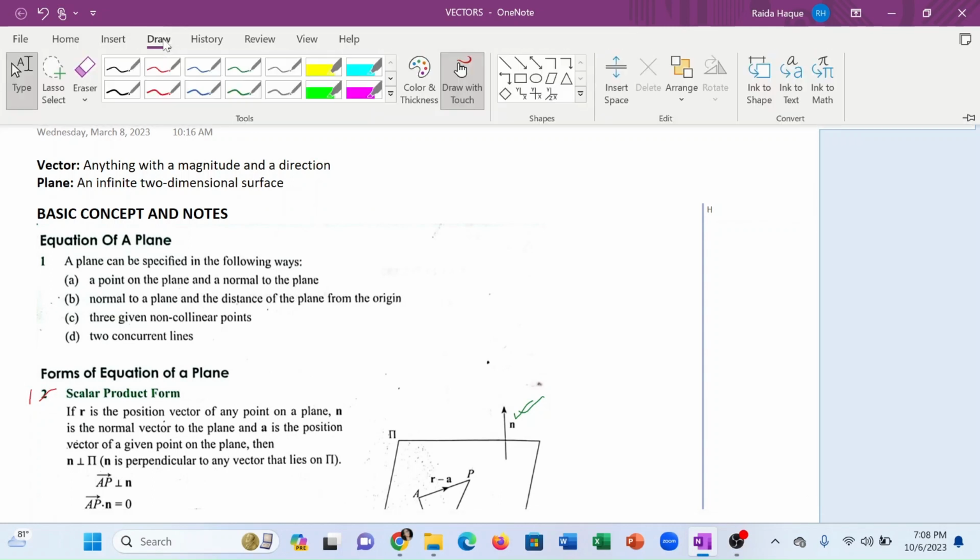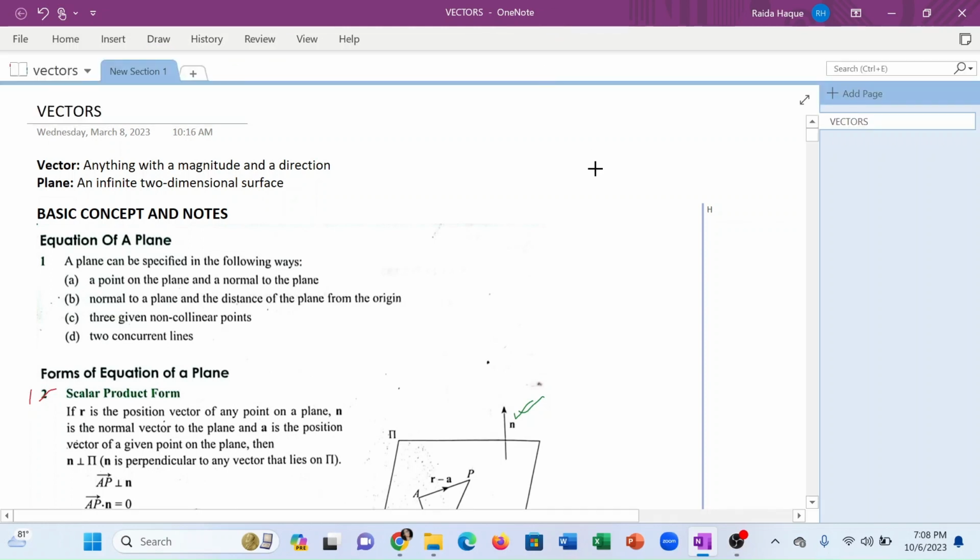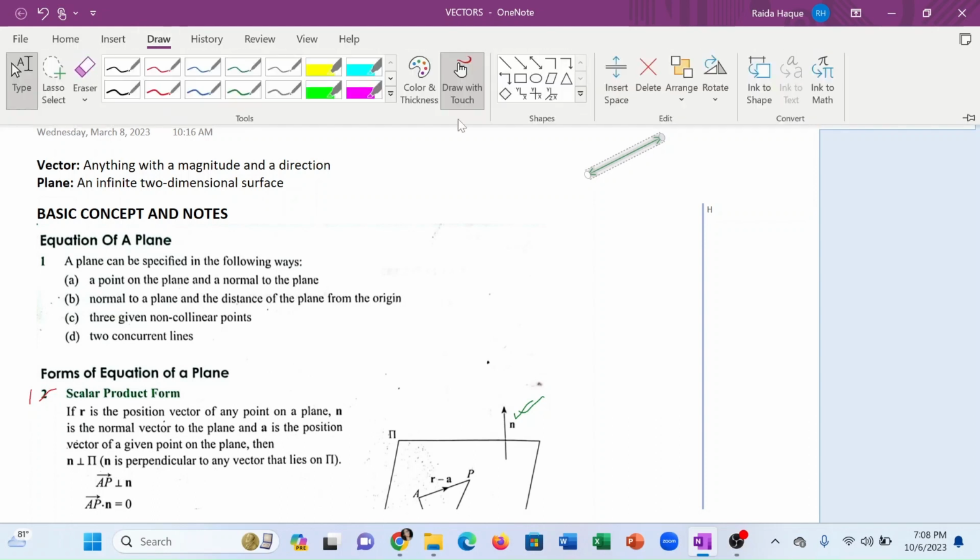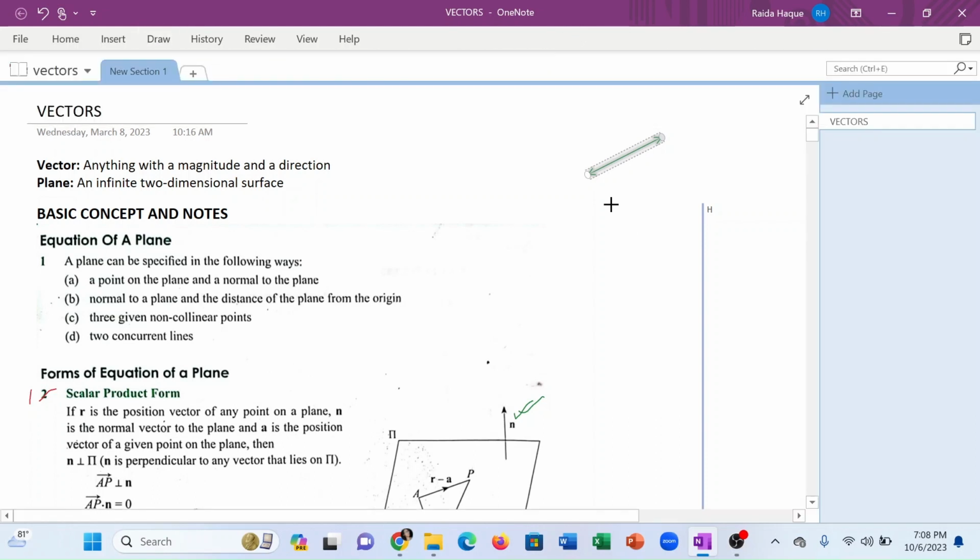So this is our line, right? If we draw another line whose points are all equally spaced from the previous line, then they are parallel.